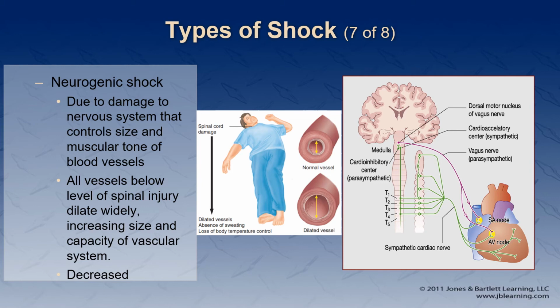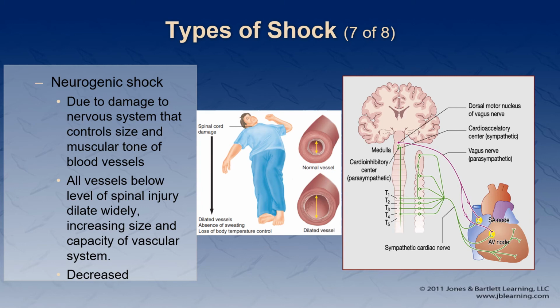So if you have an injury to that spinal cord, the body will lose the ability to maintain that tone, right? I said the parasympathetic system kind of runs in the background all the time, and then your body modulates the sympathetic system as needed. So if you lose the sympathetic system, you end up with a predominant parasympathetic system and no vascular tone. You lose all that vascular tone.